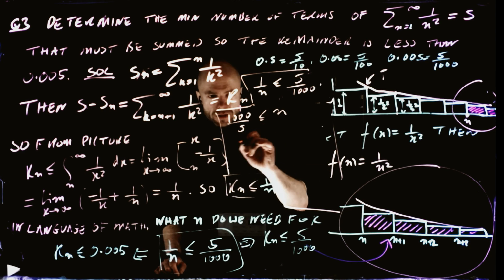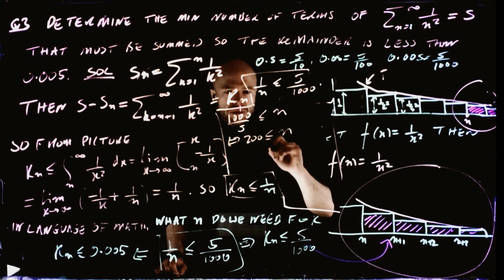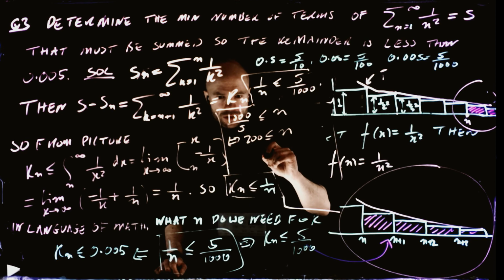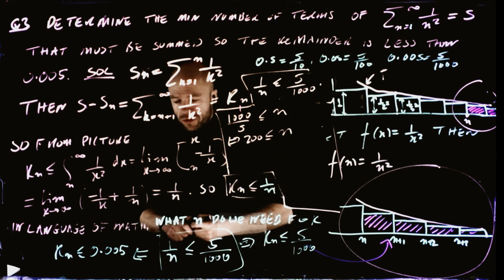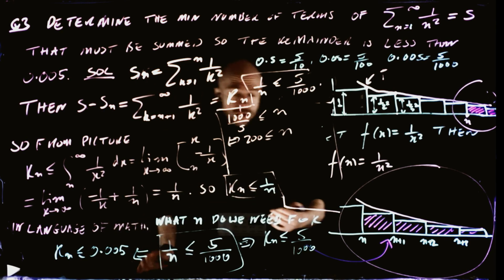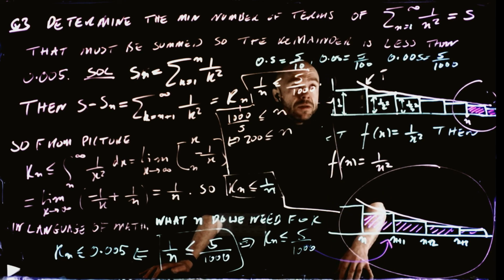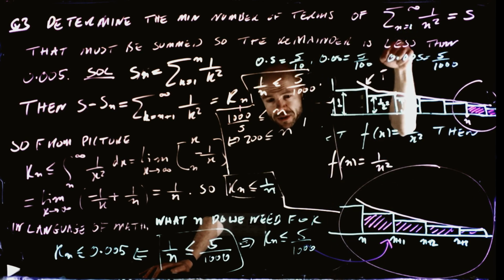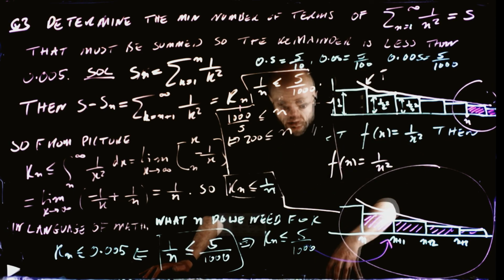So that's the same as wanting 200 to be less than or equal to n. When we take n equals 200, then the error is less than 0.005, and we are good. So if you're writing your code and you want to use the minimum computer time, then you need to run the loop 200 times, summing 1 over n squared each time, to get the answer within this very small error. Okay, thumbs down if you're not, thumbs up if you are.